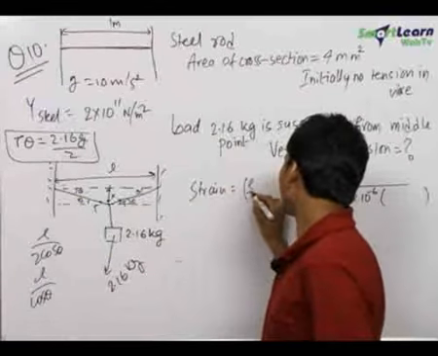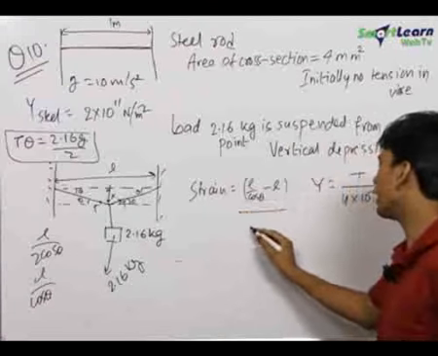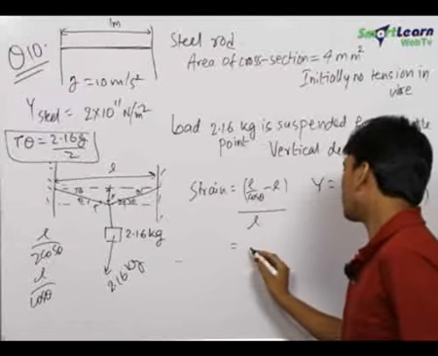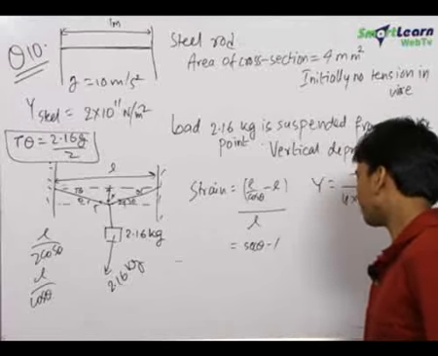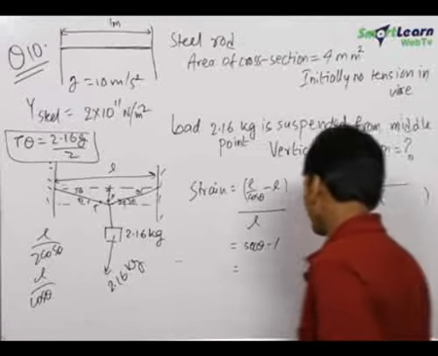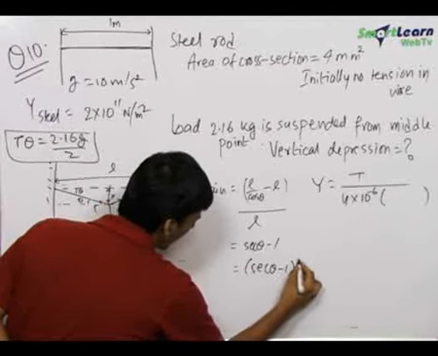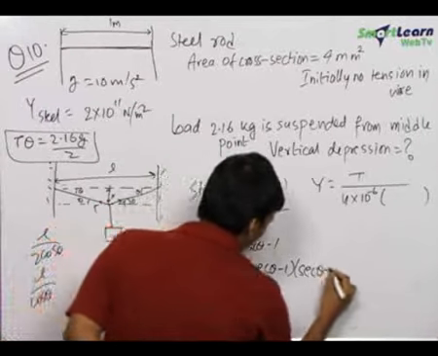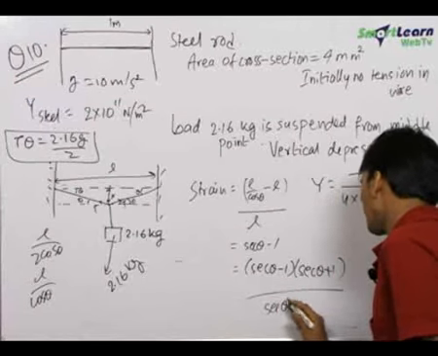So the final length is L by cos theta, the initial length was L and the original length was L, therefore the strain becomes sec theta minus 1. This can be written as, let us multiply numerator and denominator by sec theta plus 1 upon sec theta plus 1.